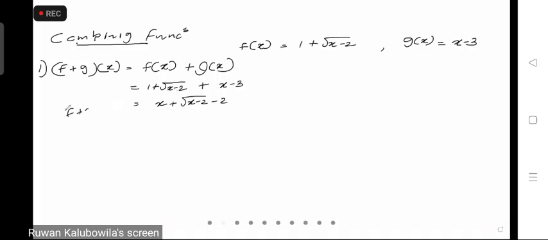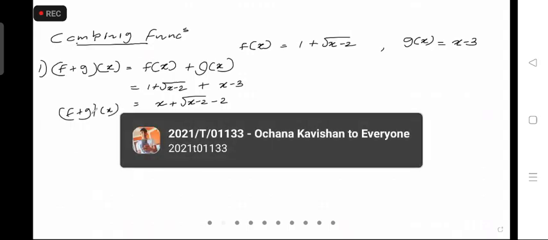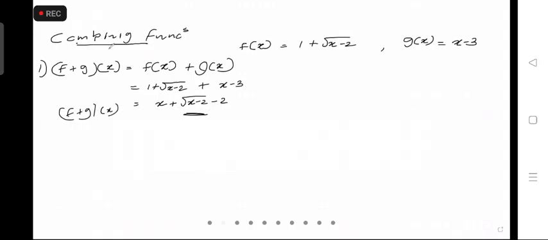So this is f(x) plus g(x). What we are learning here is how to combine functions. These two functions are combined, not only with adding operations.